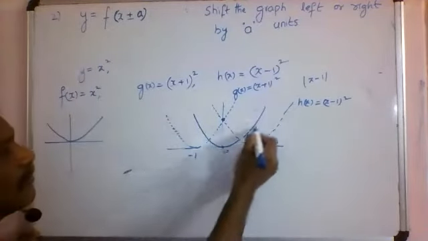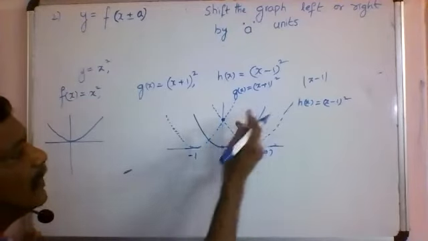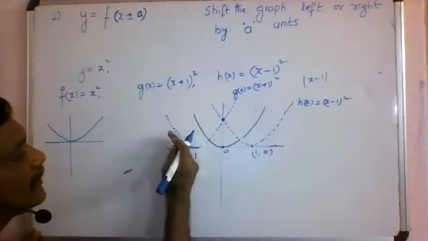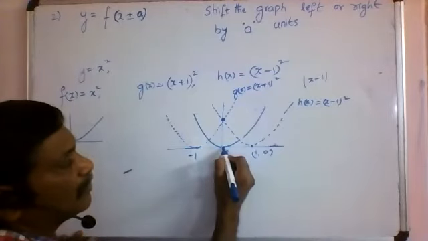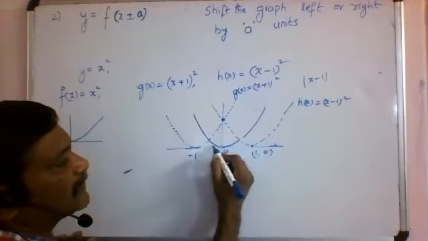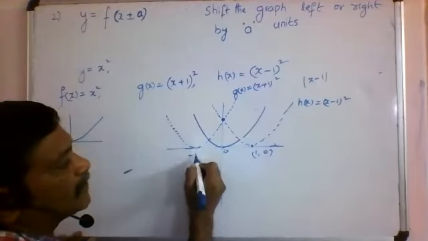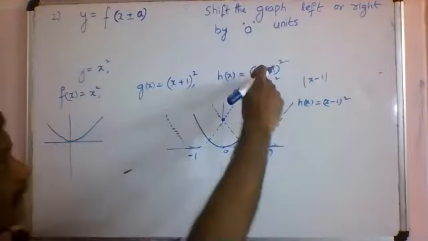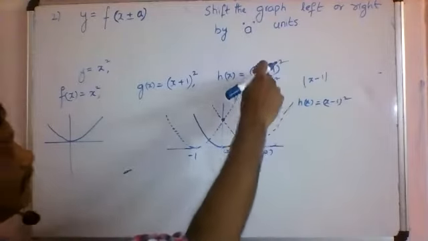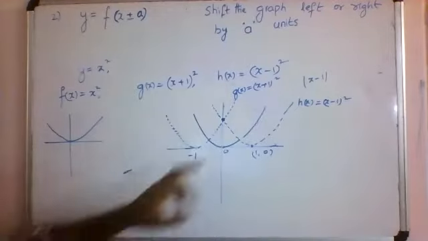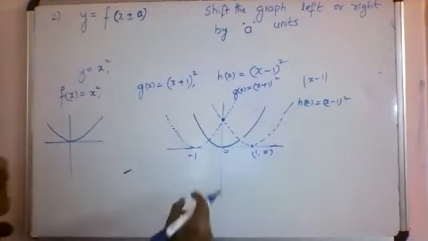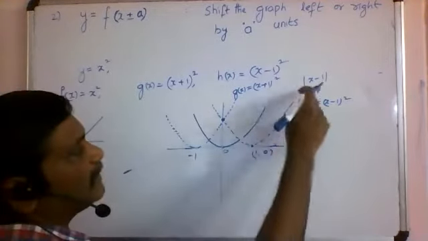This is the original graph. I shifted this original graph towards the left by 1 unit. Actually, the vertex is at 0. Now after shifting, the vertex is at minus 1. Similarly, for x minus 1 whole square, when minus appears here, we have to shift the graph towards right by 1 unit because x minus 1 is there. So you shift the same graph towards right by 1 unit.